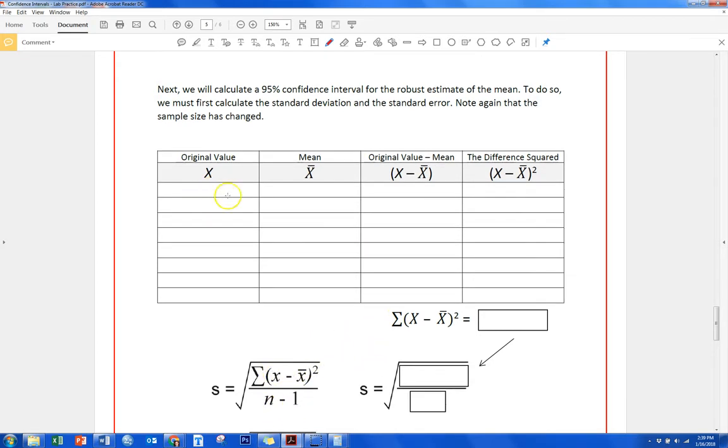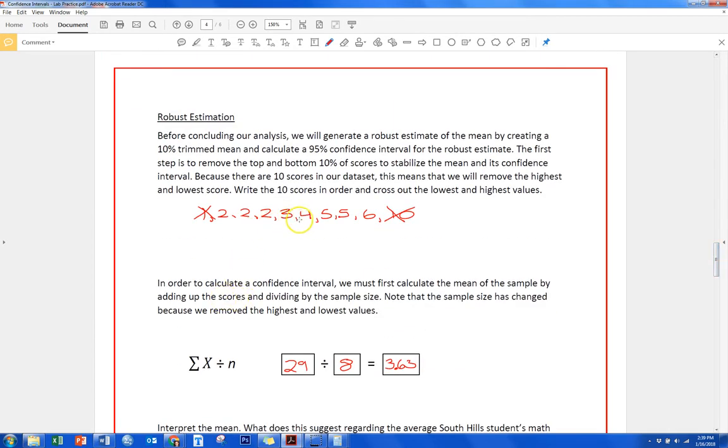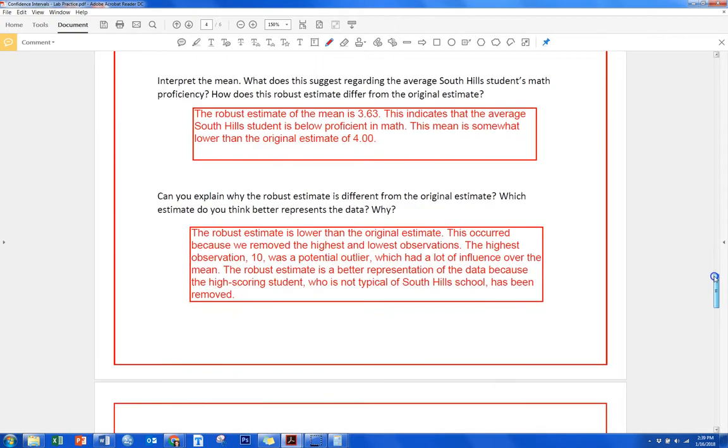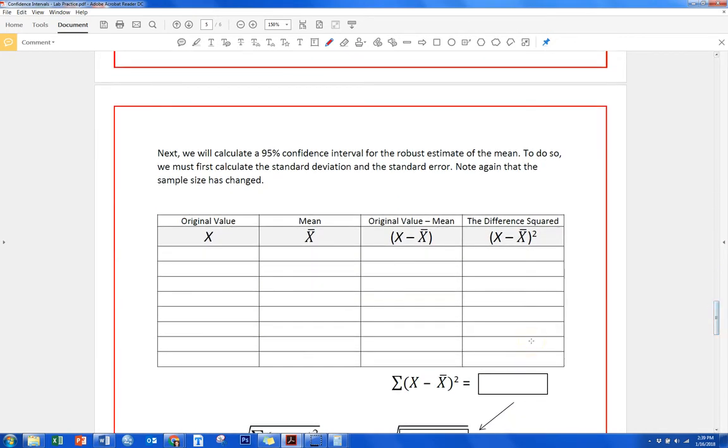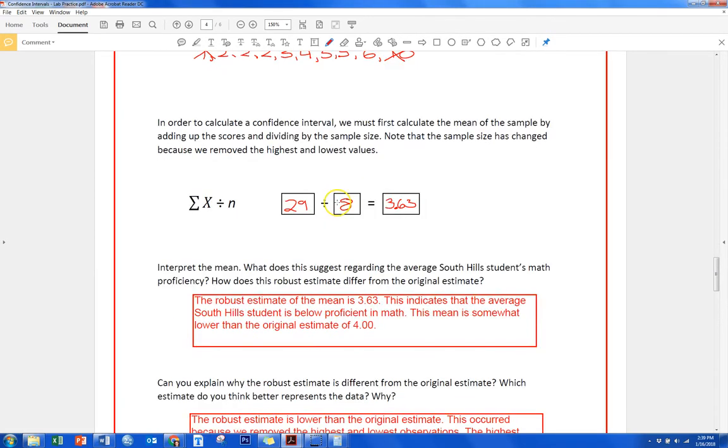All right, we'll begin here. So the original values we need to include here. So let's see here, 2, 2, 2, 3, 4, 5, 5, 6. Let's see if I can remember that. So now there's only 8 rows. 2, 2, 2, 3, 4, 5, 5, 6.